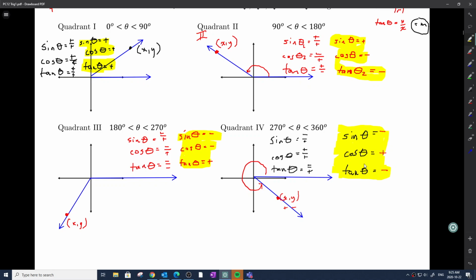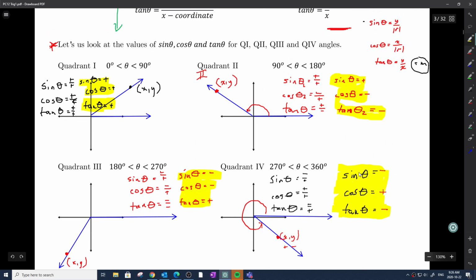If we look at sine, since the denominator is always positive, sine will be positive or negative wherever y is positive or negative. Very easy. In quadrants 1 and 2, the y's are positive, so sine is going to be positive. In quadrants 3 and 4, the y's are negative, so therefore the sines are negative.